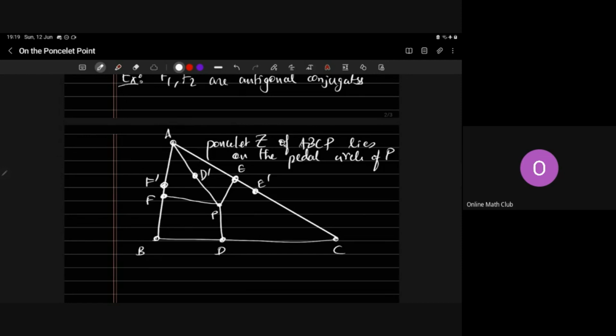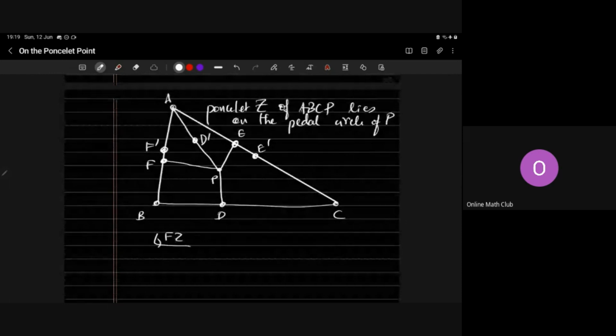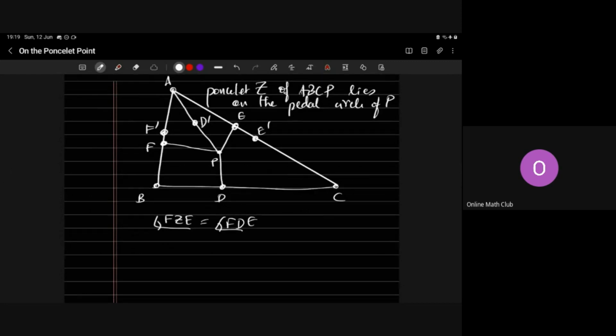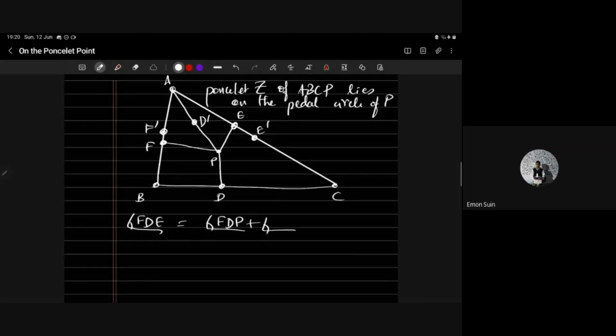We want to show that angle FZE equals angle FDE, and this would imply that Z lies on the pedal circle. You can split angle FDE into angle FDP plus angle PDE.